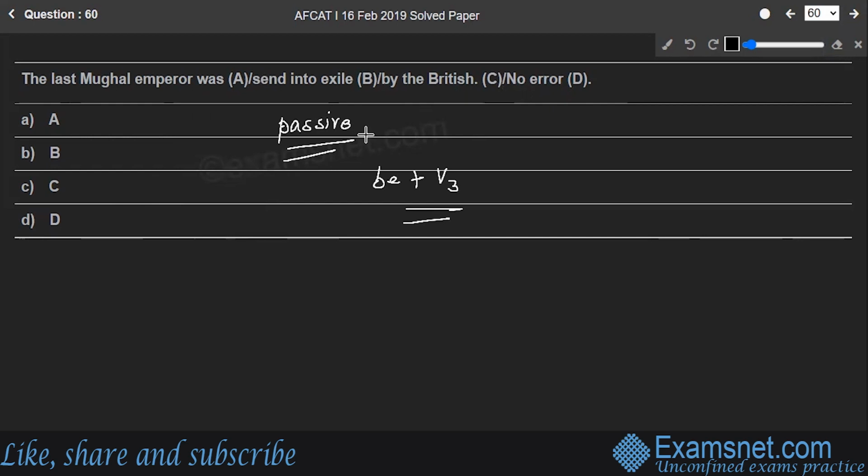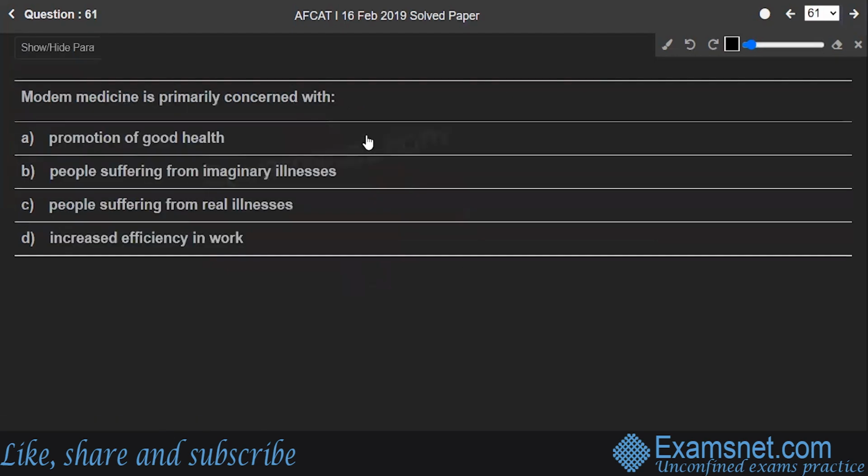And third form of the verb send is sent. So here should be sent. The last Mughal emperor was sent into exile by the British. So B part contains error. Hope you're clear.